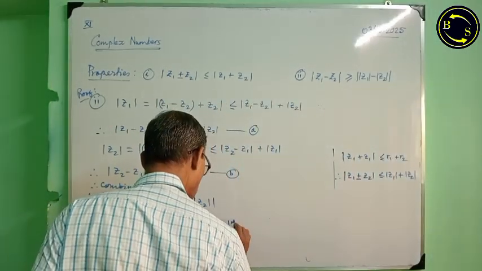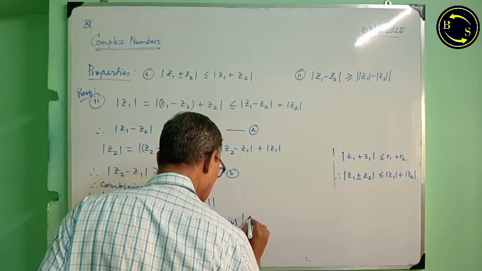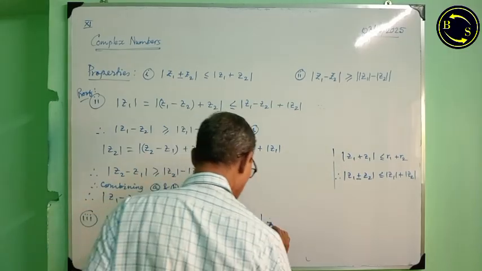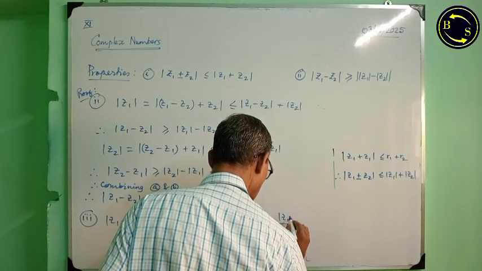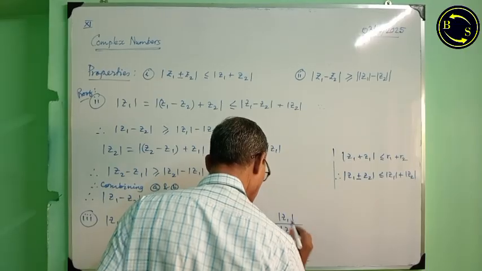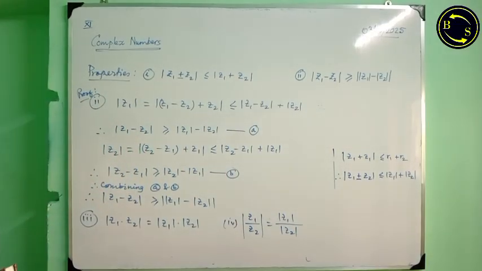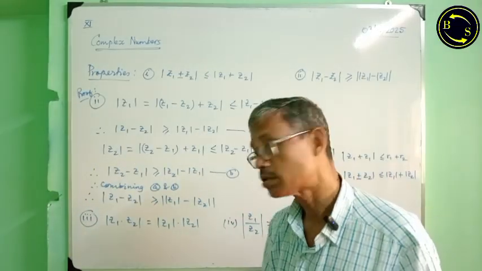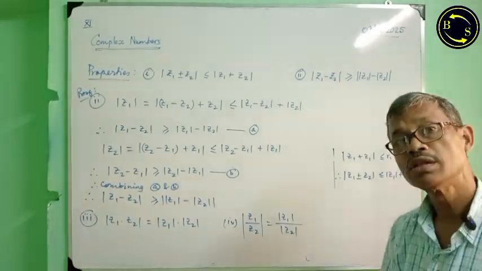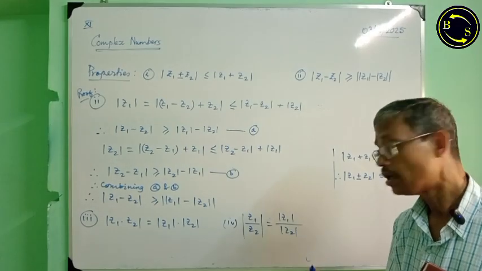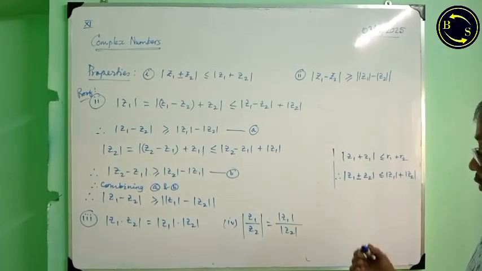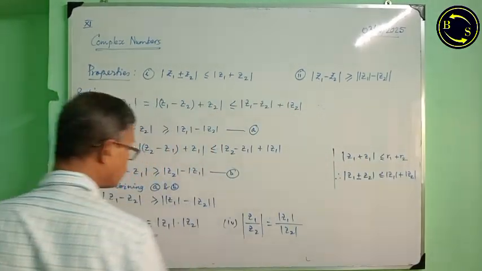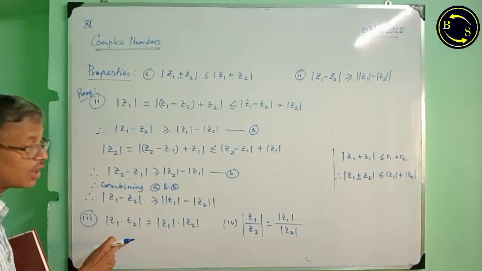Number 4. In case of a quotient, that means the modulus of the quotient of two complex numbers is equal to the quotient of the moduli of those two complex numbers. Also, a generalized form for this one is applicable.